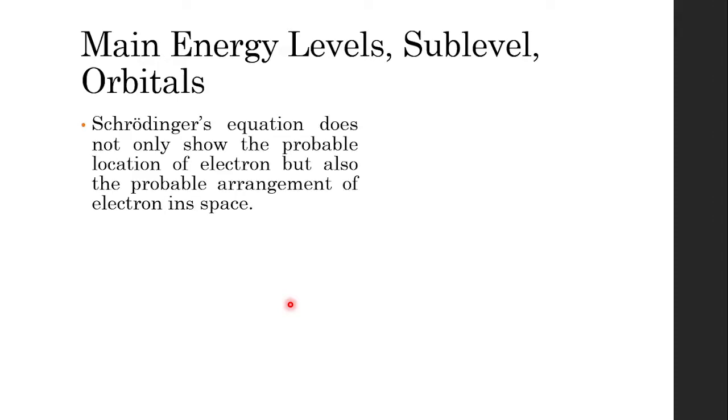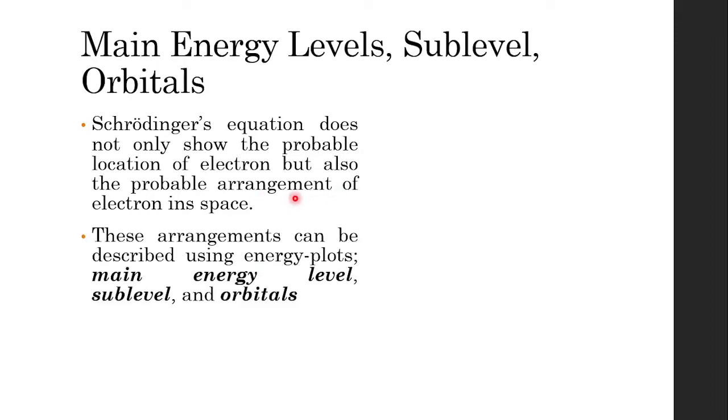Because of quantum mechanics and because of Schrödinger, we were able to create an equation which tells us the probability of where we can find the electron, and also the arrangement of that probability.